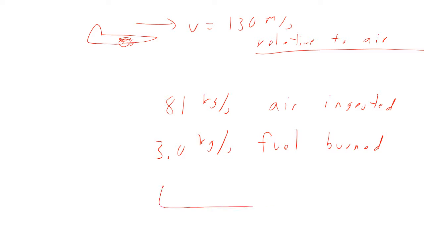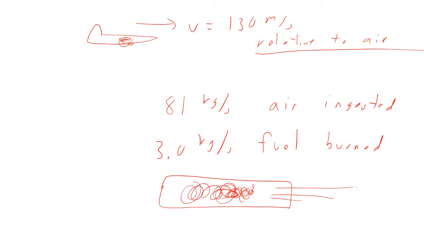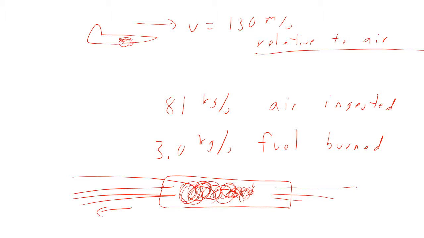So inside the jet engine, we have air coming in, we got fuel mixing with it, it heats up, it burns, and it expands, because that's what's going to happen when you heat it. It expands, so it's going to exit at a much higher velocity than it went in. So it goes in at 130 meters per second, and then it exhausts at some other velocity right there.